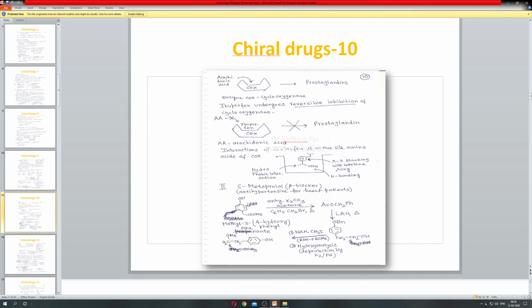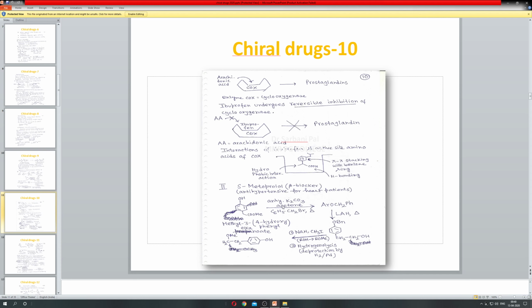Now it is a para disubstituted phenol, meaning at the para position of the phenol we have CH2COOMe. Now when this compound is treated with anhydrous potassium carbonate, which is a base, the anion O- gets generated.